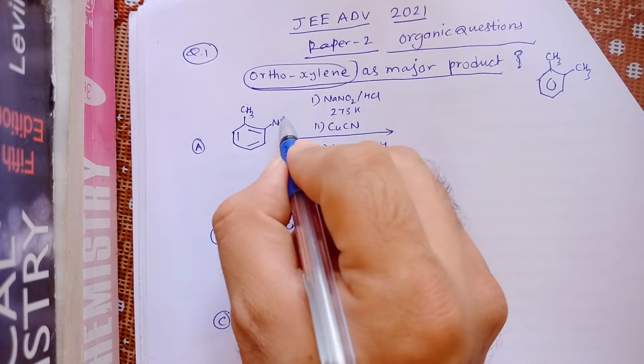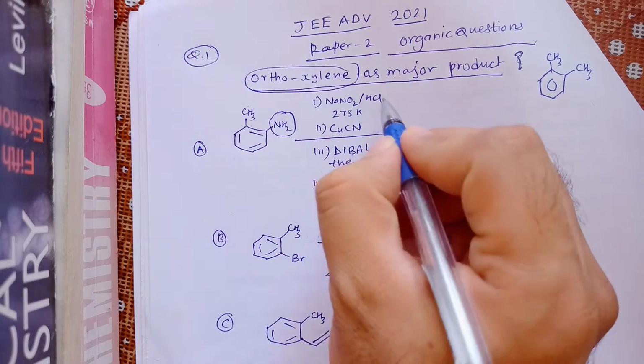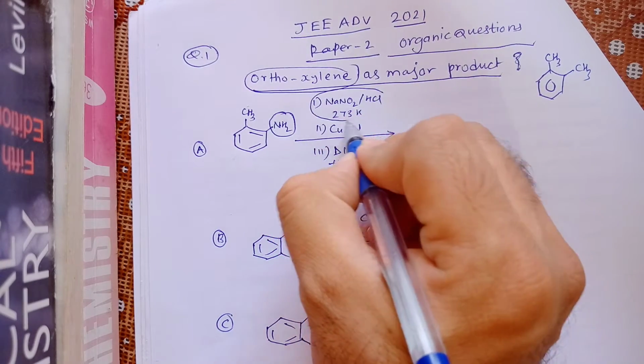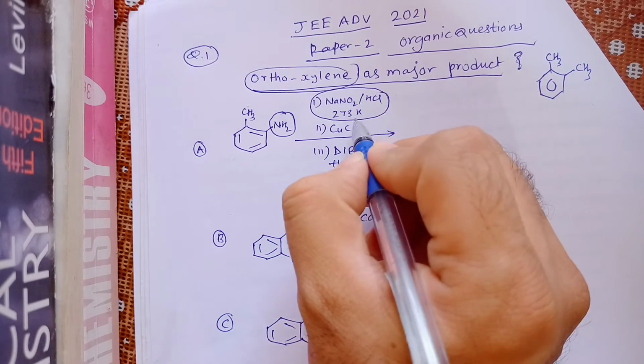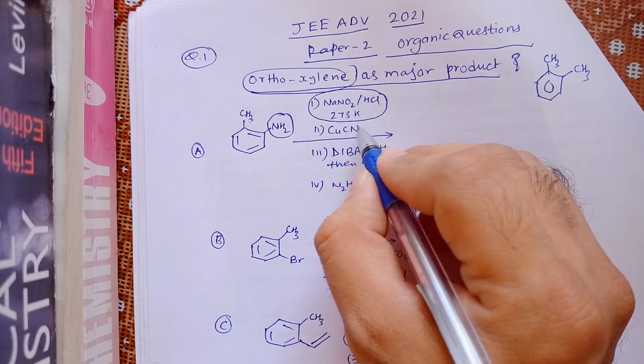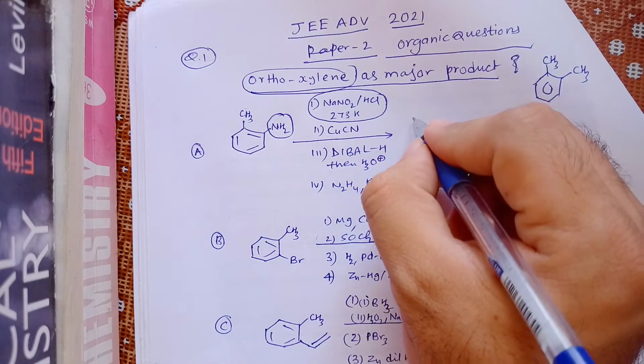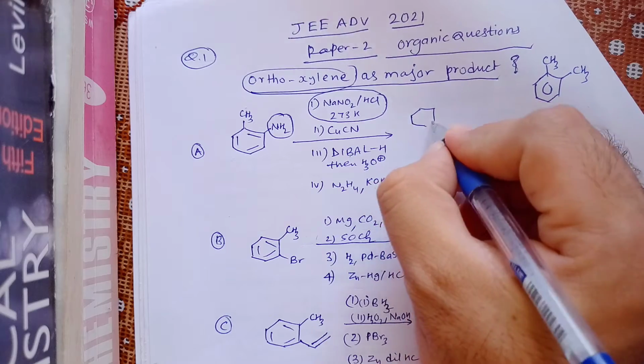Now what they are saying here, NH2. This is a primary amine, an aromatic primary amine. This is NaNO2, HCl, 273 Kelvin, which means 0 degrees Celsius. This is diazotization. What will happen in diazotization?